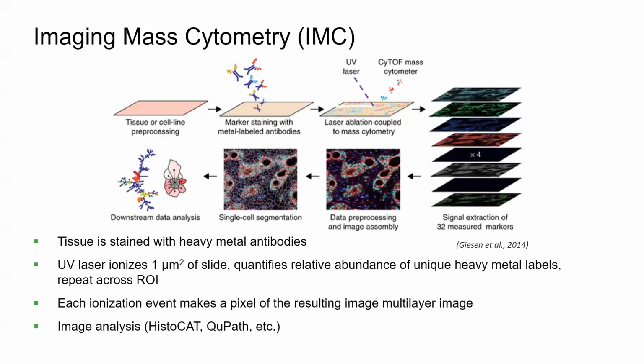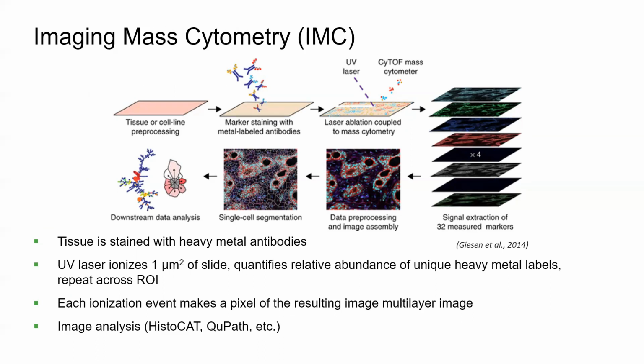So just to give a little bit of background on imaging mass cytometry, it's a technology where tissue sections are stained with heavy metal conjugated antibodies. These are then ablated and imaged using a Cytometry mass cytometer, which effectively allows for highly multiplexed imaging without limitations conferred by spectral overlap. One of the reasons why we can't have 30 fluorescent markers on a single tissue section imaged at the exact same time.